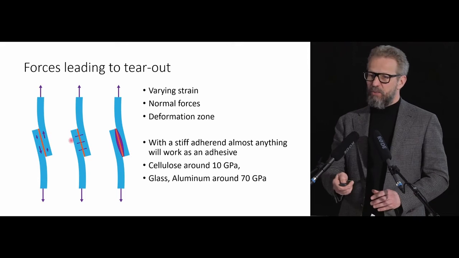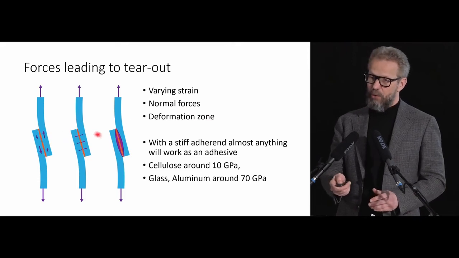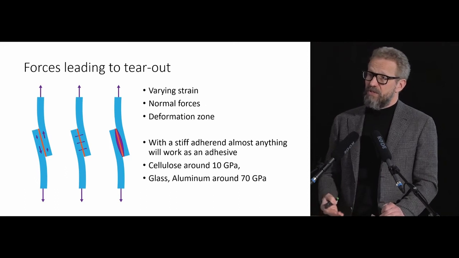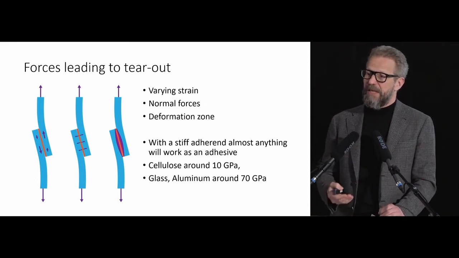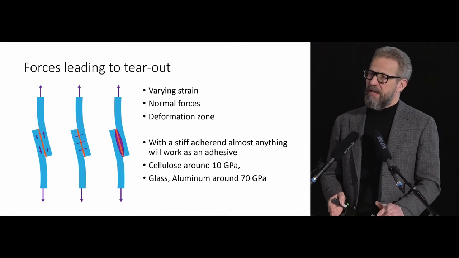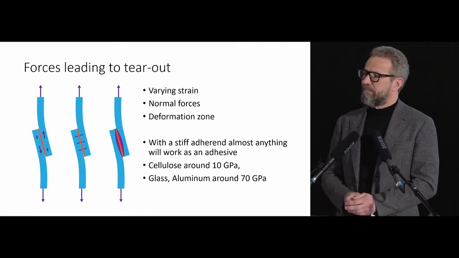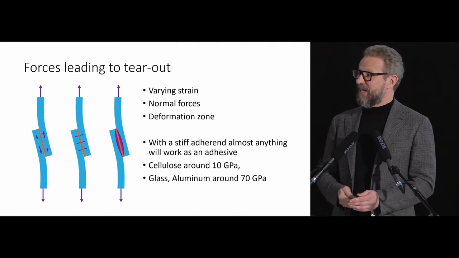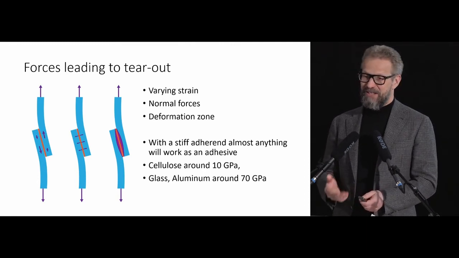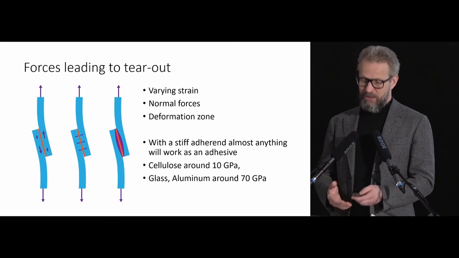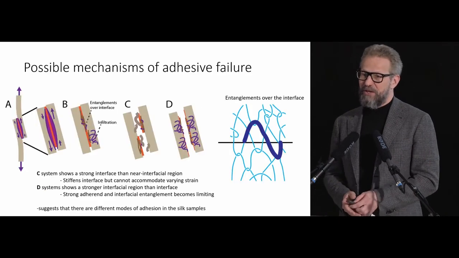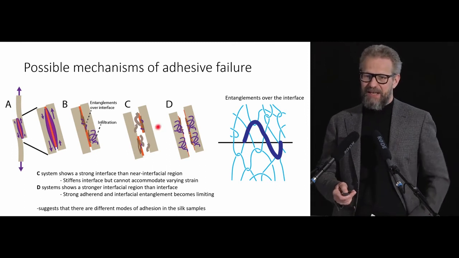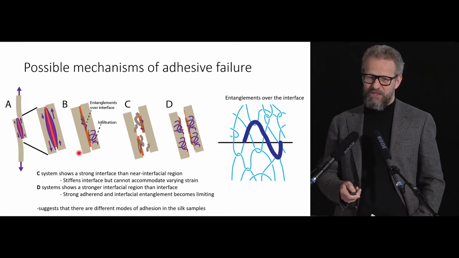This creates what is known as a deformation zone in the sample. Generally it's also known that in lab tests, if you have a very strong adherent that won't bend at all, you'll get almost anything to stick to that system. But in a system with a lot of deformation, there are more things happening, and this is the way we can try to explain what's going on.